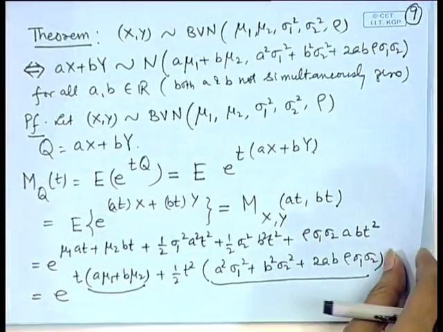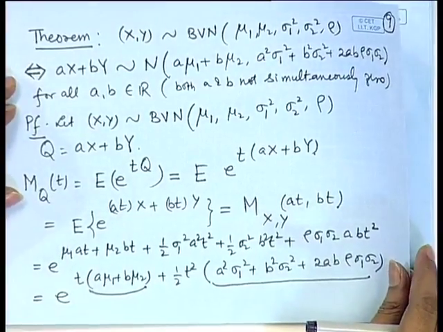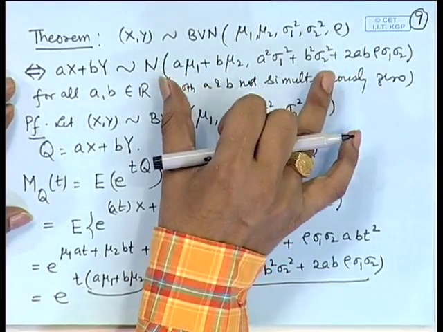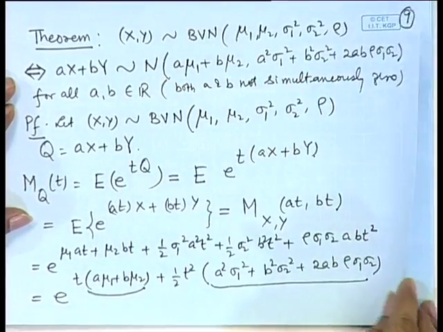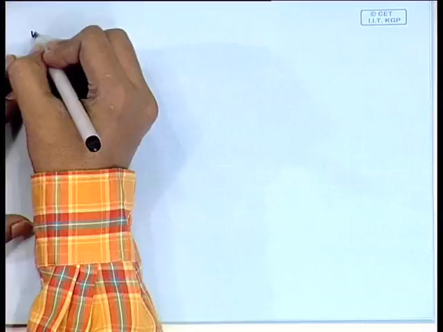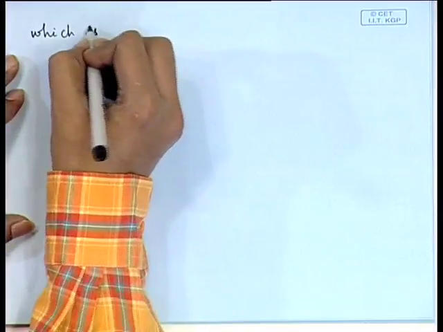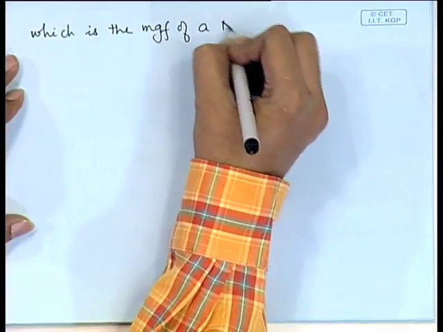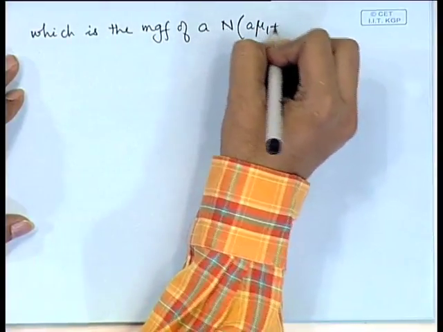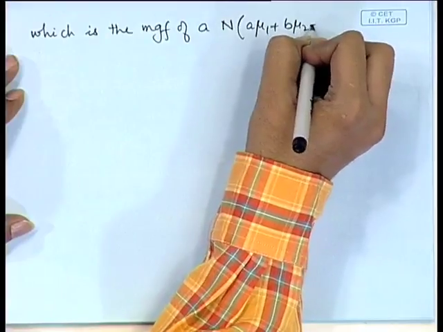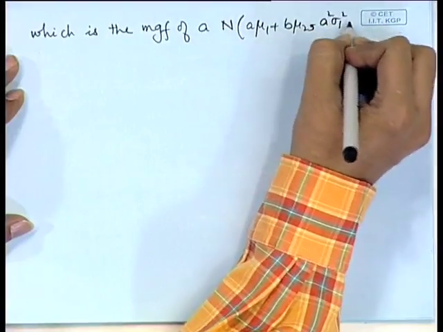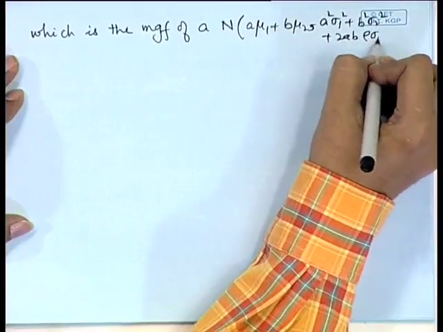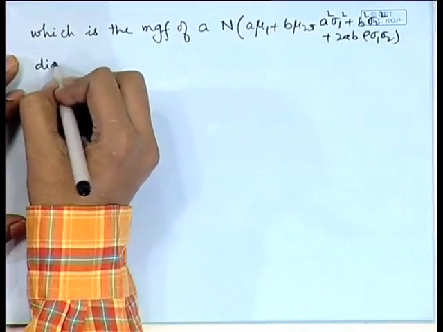So, because of the uniqueness of the MGF, we prove that aX plus bY is having this particular normal distribution, which is the MGF of a normal distribution with mean a mu 1 plus b mu 2 and variance a square sigma 1 square plus b square sigma 2 square plus twice a b rho sigma 1 sigma 2.